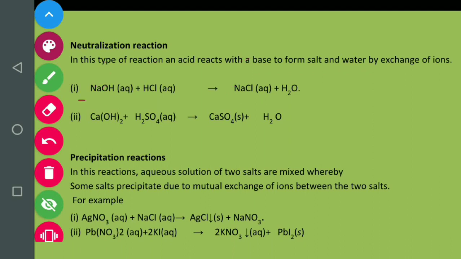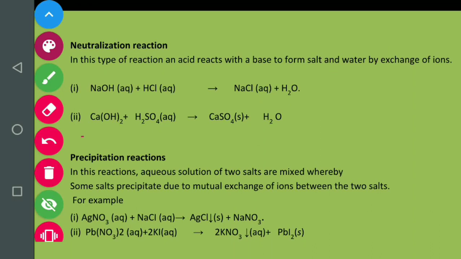Here Na is positive and combines with the negative part of hydrochloric acid, Cl, to form NaCl. The H in hydrochloric acid, hydrogen, is positive and combines with OH to form HOH. This HOH means water, that is H2O.